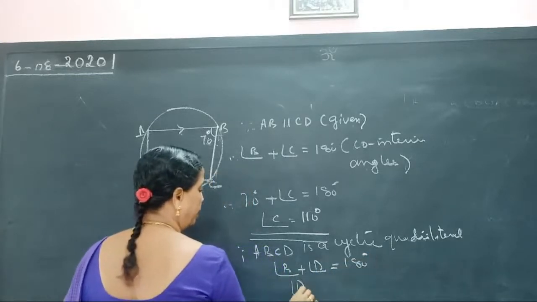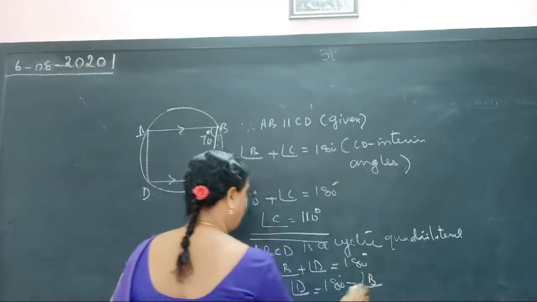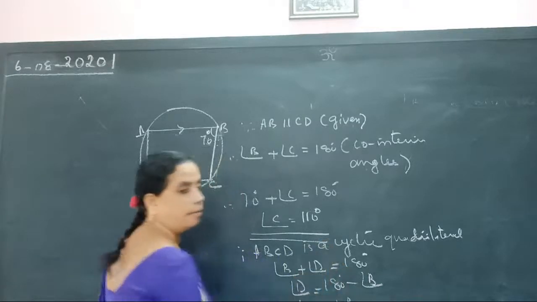Therefore, angle D equals 180 degree minus angle B. Angle D equals 110 degree.